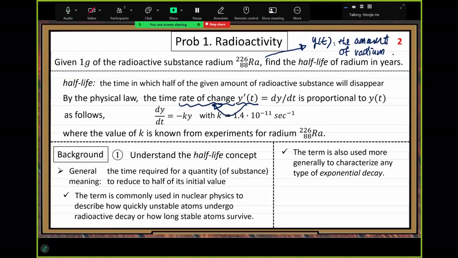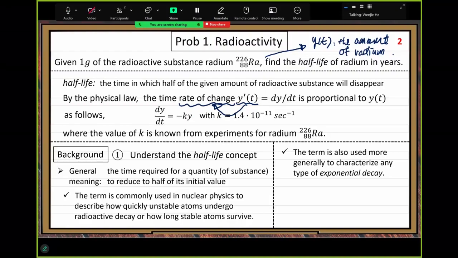In some other different physics, if the pattern of change follows the same property, then we can use this half-life concept to describe it.